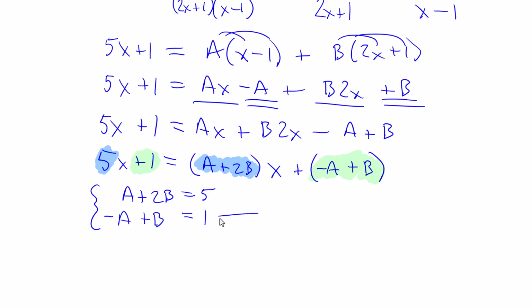So I'm going to pick on that second equation in our system here, negative a plus b equals 1. If you add a to both sides of that equation, you end up simply with b equals a plus 1. And if that's the case, you can plug that into the first equation, which I will now bring down to use.